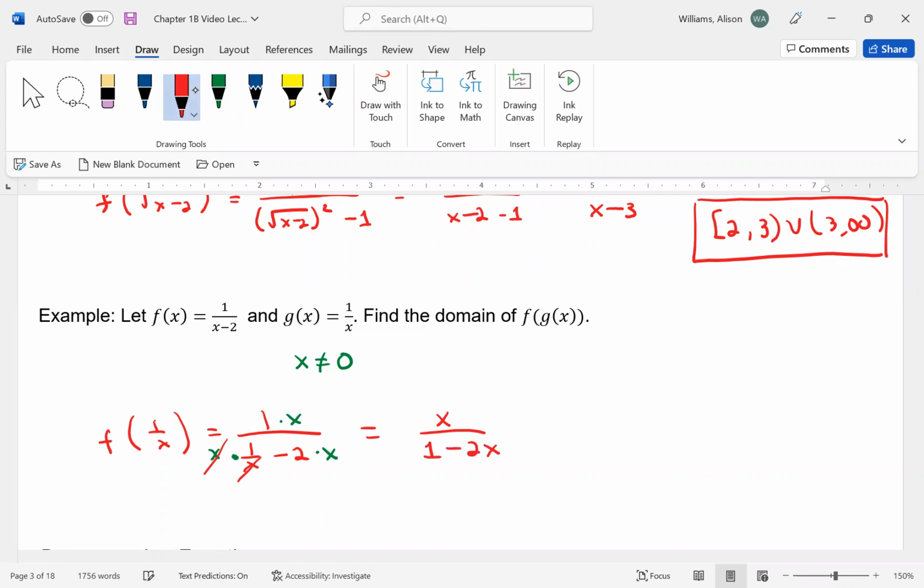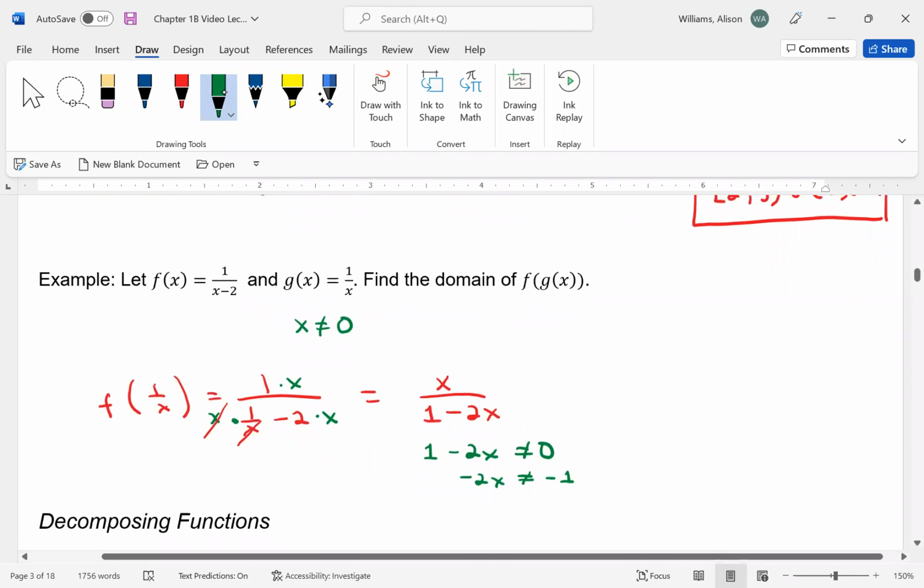All right, there we go. That's the result. Now I have another restriction. I can't let that denominator equal 0. If I solve this, negative 2x can't equal negative 1. If I divide by negative 2, x can't equal 1/2.